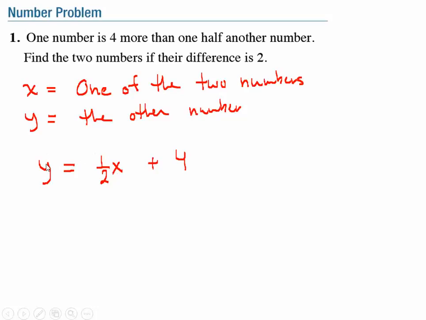At this point, it wouldn't matter if you switch the x's and the y's, because you're getting a relationship between the two numbers. Find the two numbers if their difference is 2. So let's go for it here. Find the two numbers, so I've got to get a difference between these two numbers. So minus sign.